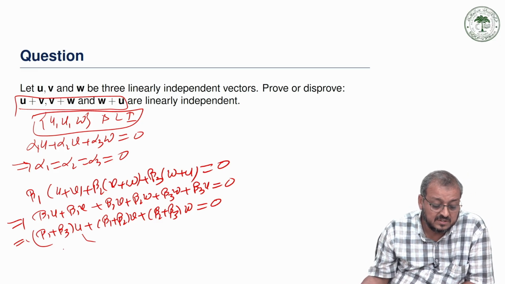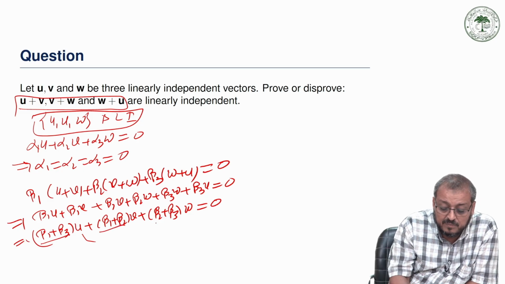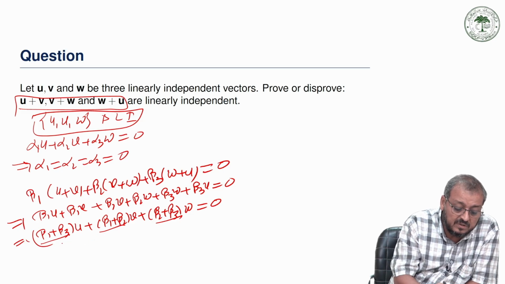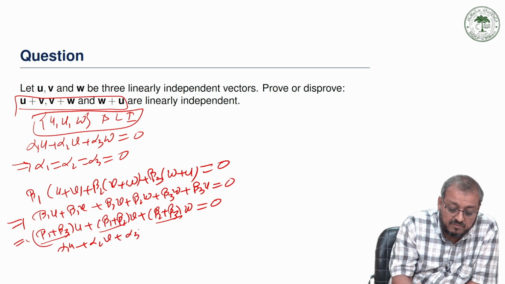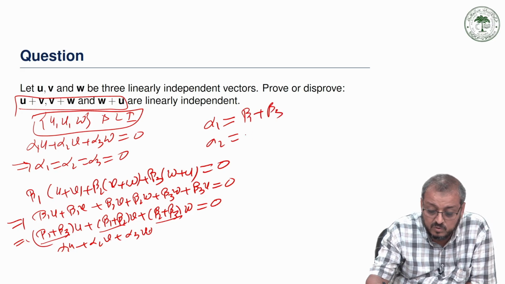Suppose we have alpha 1 u plus alpha 2 v plus alpha 3 w, where alpha 1 equals beta 1 plus beta 3, alpha 2 equals beta 1 plus beta 2, and alpha 3 equals beta 2 plus beta 3.